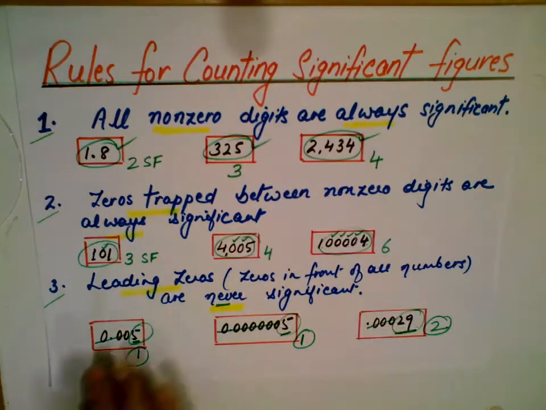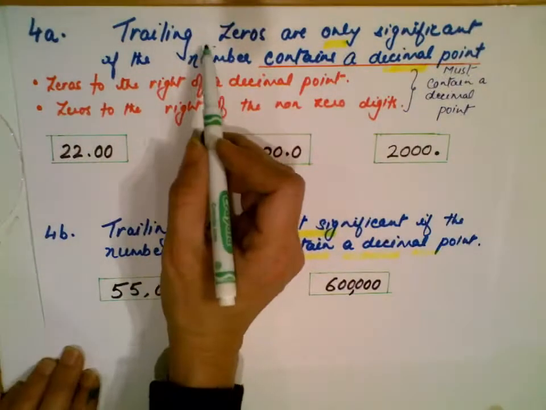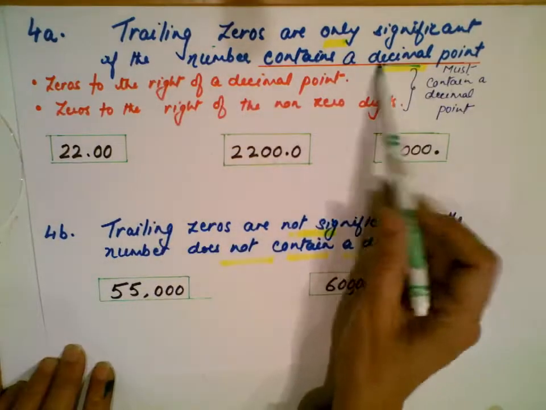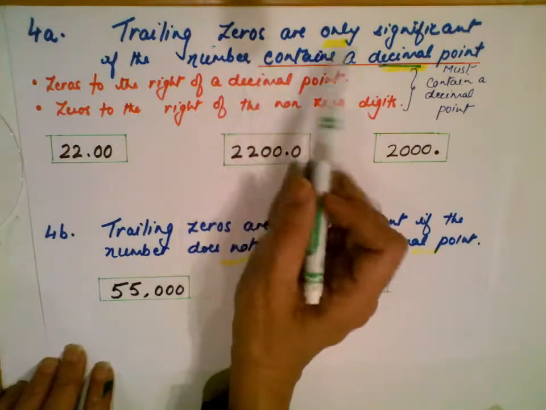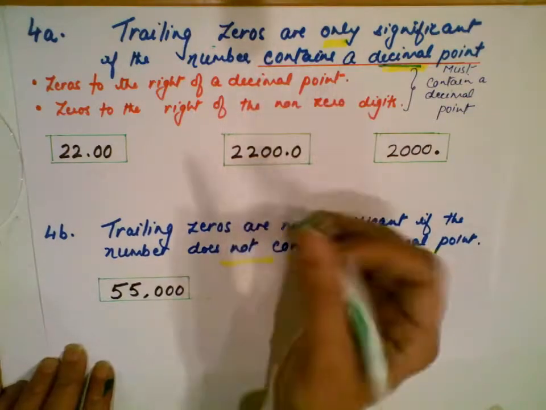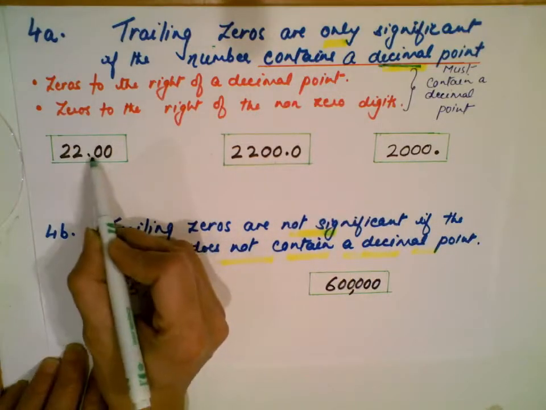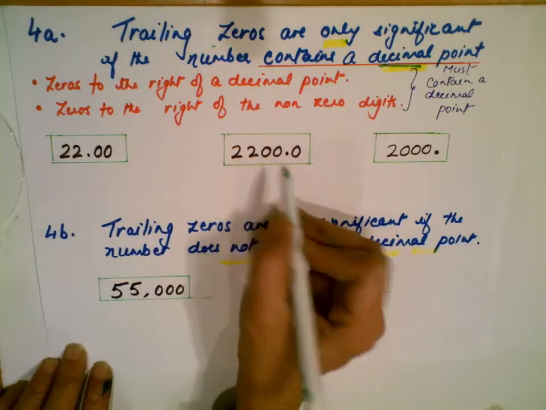This is a little different. This is about the trailing zeros. Trailing zeros have two criteria: the trailing zeros with decimals and the trailing zeros without decimals. Trailing zeros are the zeros that are at the end. So these zeros which are at the end, to the right of the decimal or after the non-zero digit, are significant.